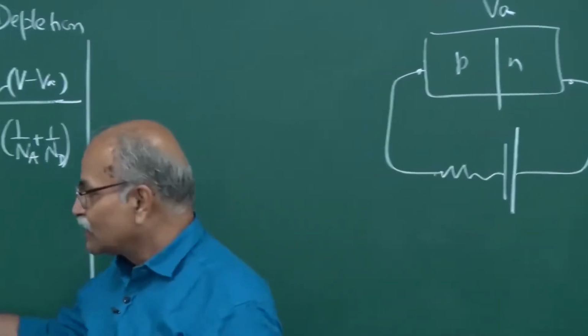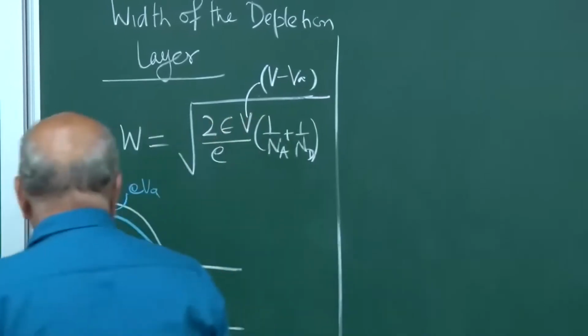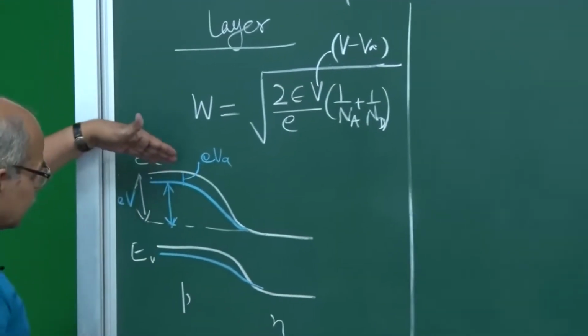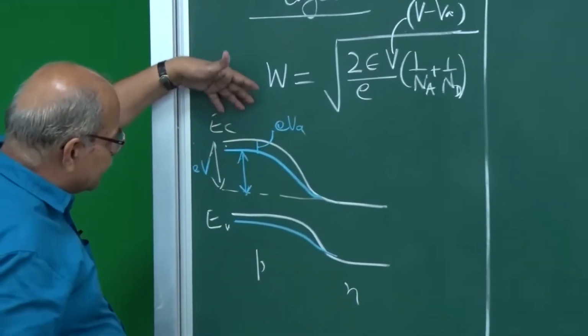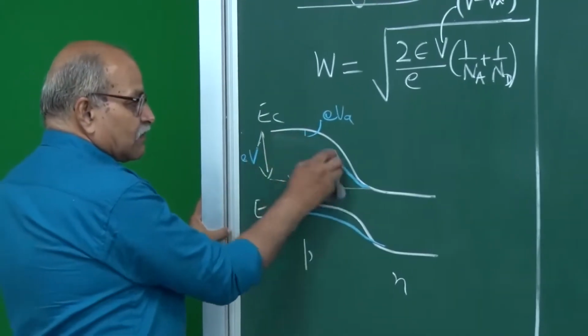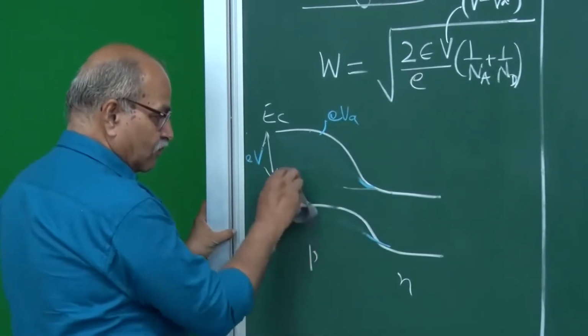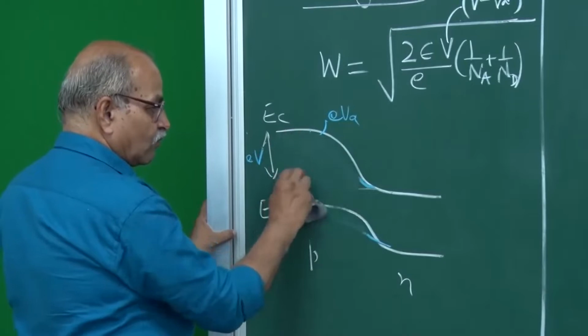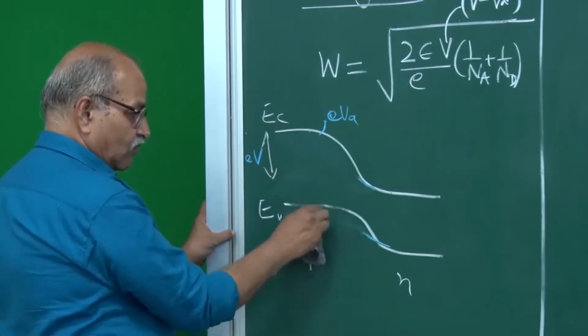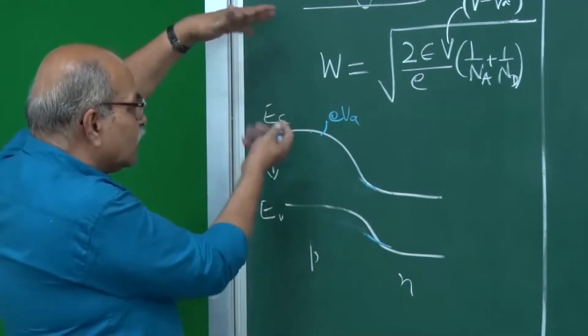So if you had this picture once again, in forward bias these quantum states, these energies, are reduced, but in reverse bias, all these energies will go up.